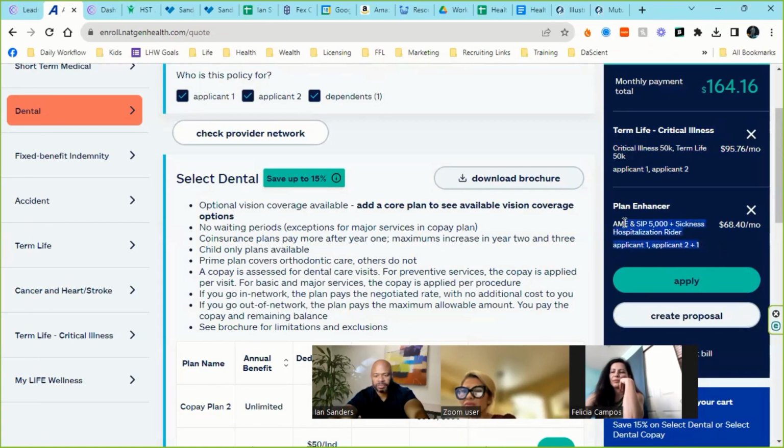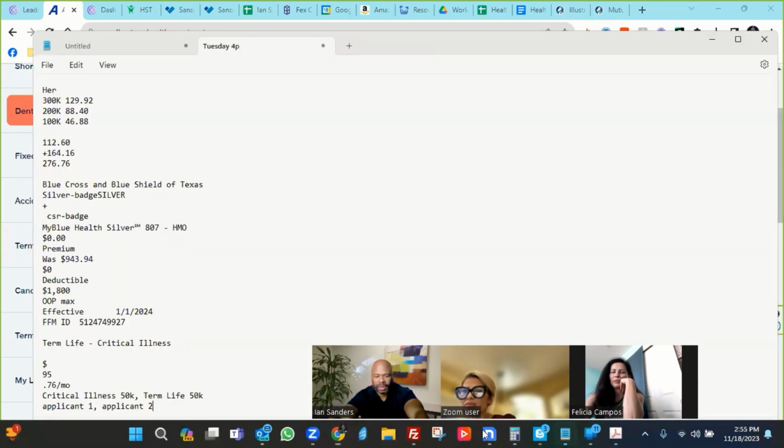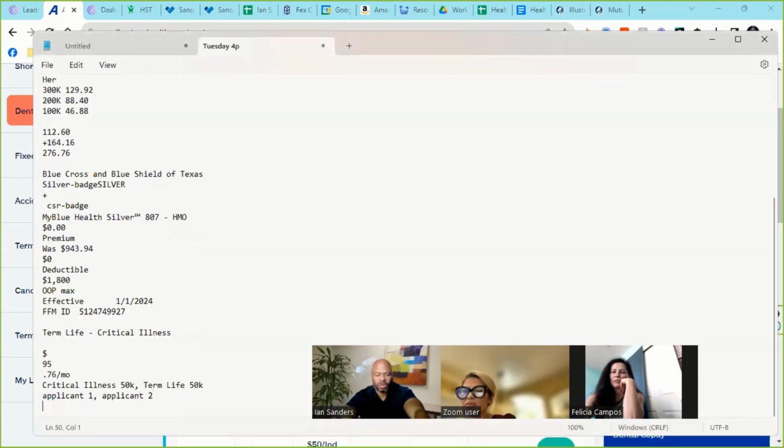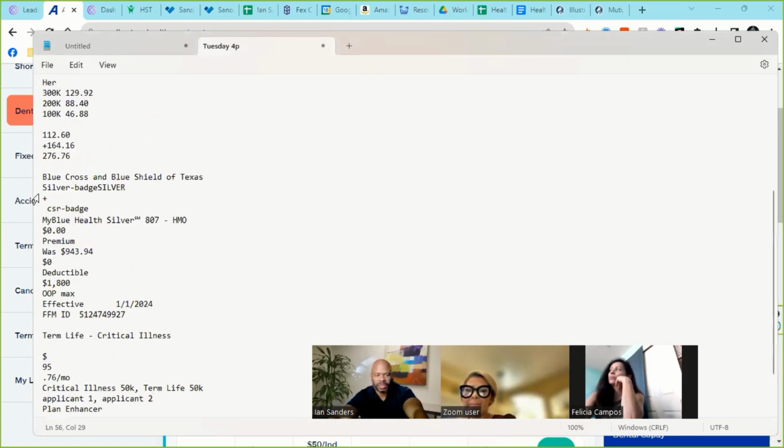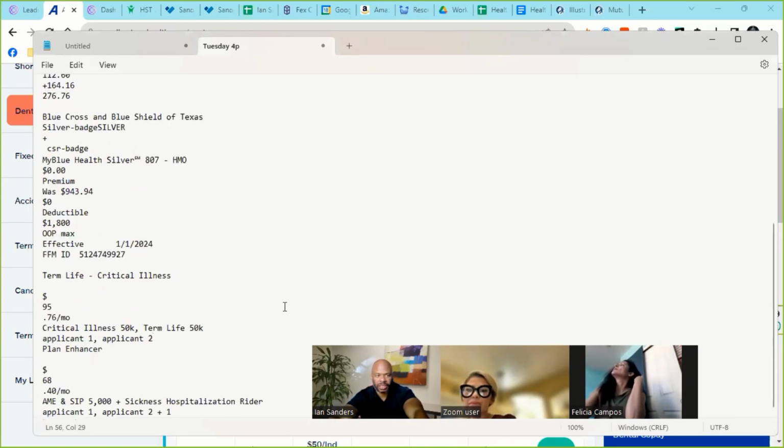Make sense so far? All right. Very good. Okay, so we'll go ahead and put that. So now I have all of this information too. And really, this is where I would dump all of that information into the lead so that if they call back, I can see exactly what they have. All right, so we've gone ahead and taken care of that.